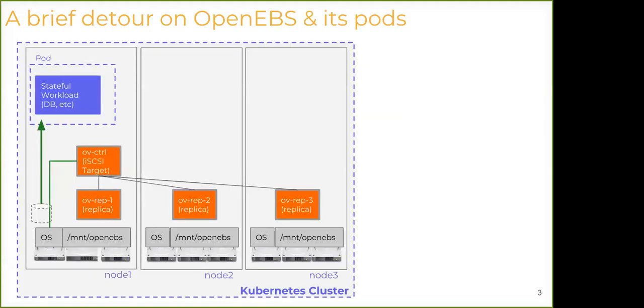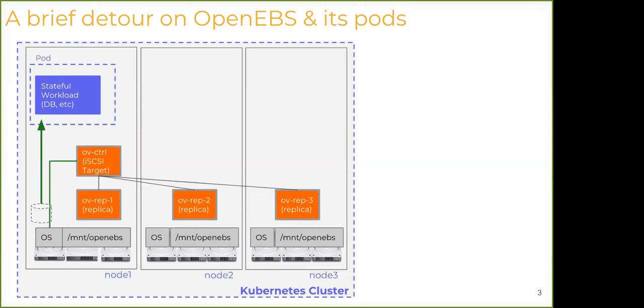Right. Okay. Before we get deep into the scheduling, this is what a typical OpenEBS volume setup looks like. Once a volume has been provisioned onto a Kubernetes cluster, this is what one would get to look.